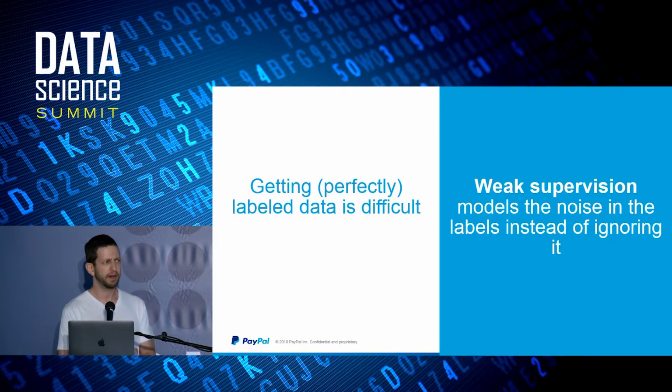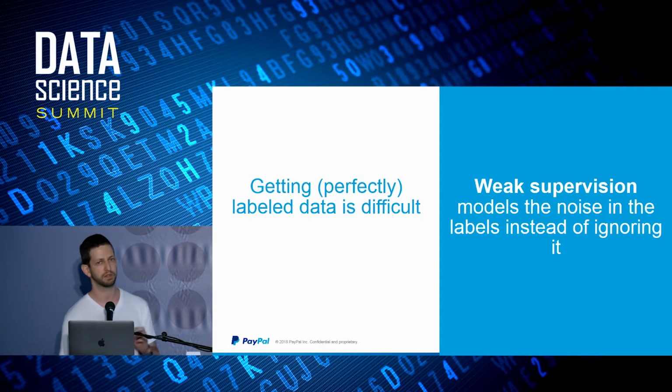I hope by now I've convinced you that getting perfectly labeled data is difficult, or that if you chose to come to this presentation, then you probably knew that already. Just acknowledging the fact that our labels may be somewhat inaccurate can go a long way and can start the journey of fixing these labels and coming up with the labeling functions, even if you don't end up implementing all of these algorithms.